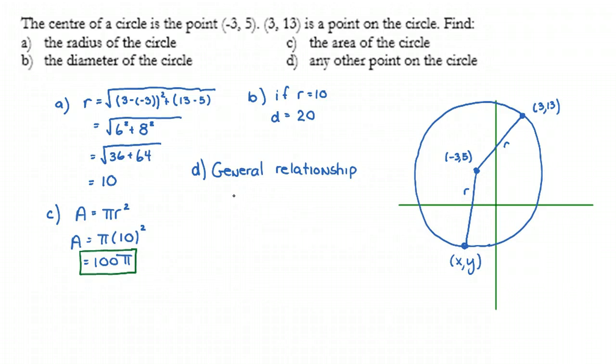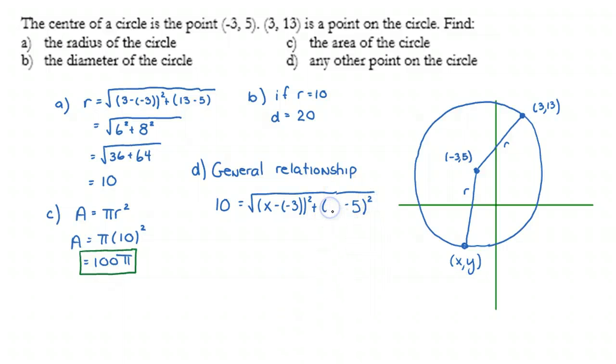So if I want to find any other point on the circle, what I'm going to do is say 10 is equal to the square root of, and now we're going to say x minus -3 squared plus y minus 5 squared. And so, pardon me, I made a little mistake here.